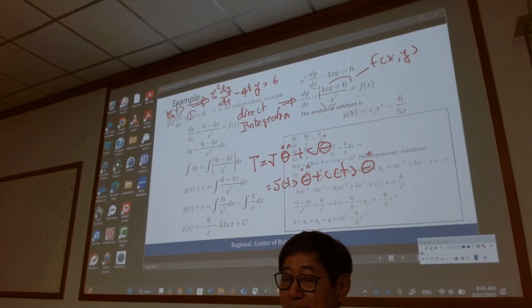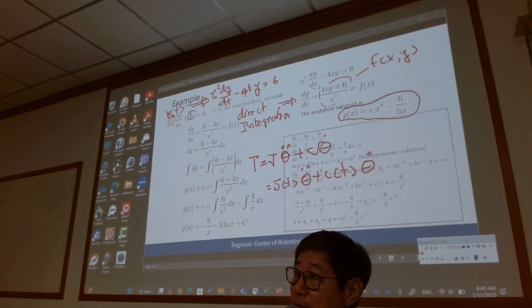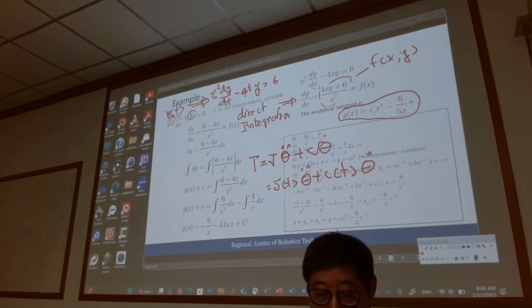So you cannot use direct integration in this case. If you try to solve this one, the solution will be this. You cannot use direct integration, but you can find the solution this way, right? I show you how to do this one.